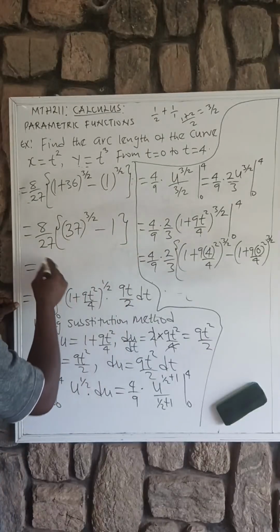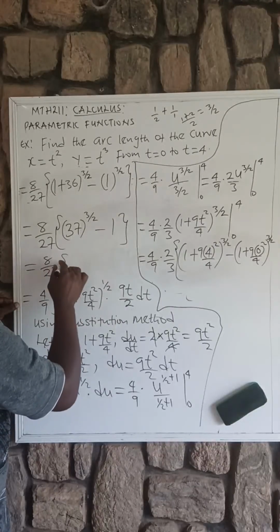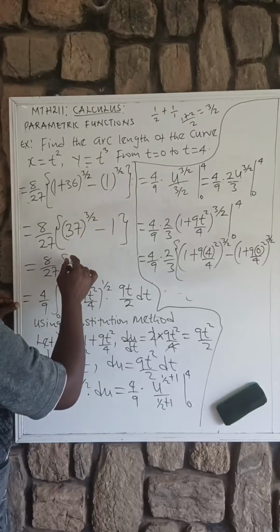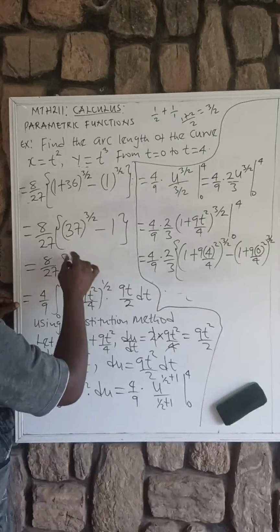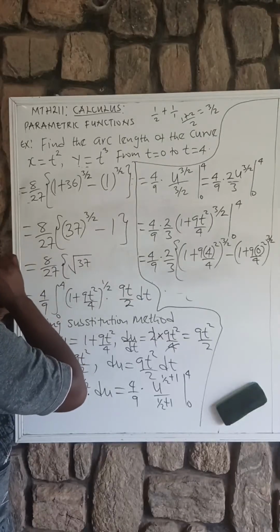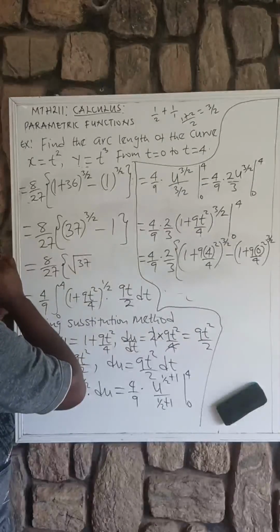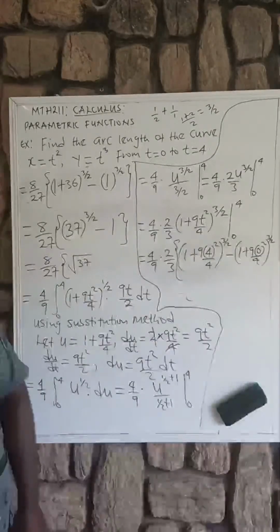So the final answer will be 8 over 27, open bracket, square root of 37, 37, right? If I'm not mistaken.